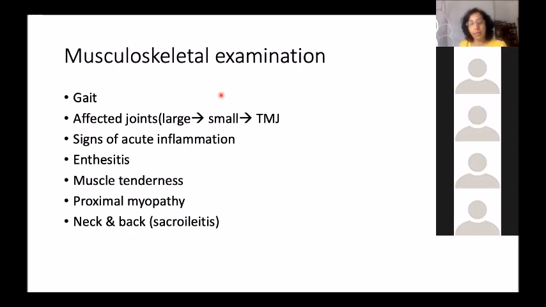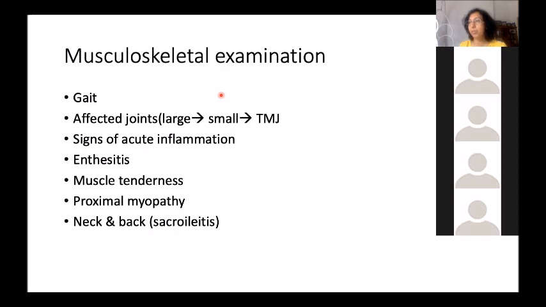And it's important that you find out whether she has associated myositis or myopathy, right? Because this could be dermatomyositis or polymyositis. And even with SLE, there could be a certain degree of myositis and myopathy, right? So check for muscle tenderness, and you can inquire about proximal myopathy as well.